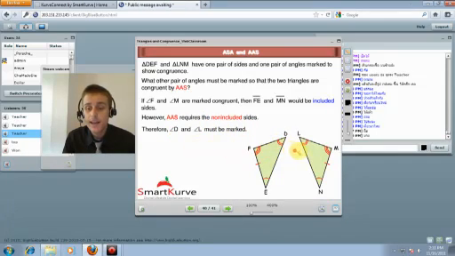Therefore, D and L are the angles that would need to be marked. If it's angle E and angle N that are congruent, and we see that line EF and line NM are congruent, then we need to use the angle that does not make MN an included side, which is angle L. So angle D and angle L.